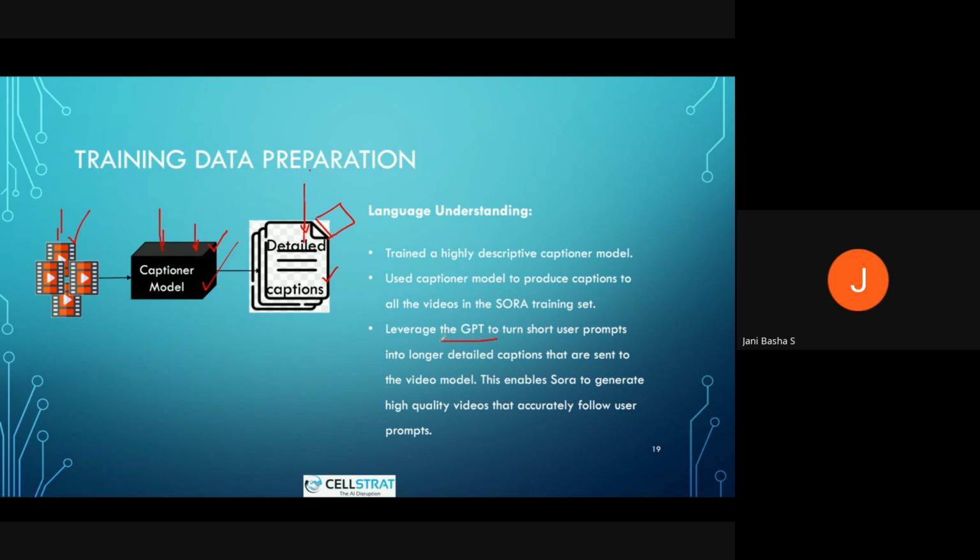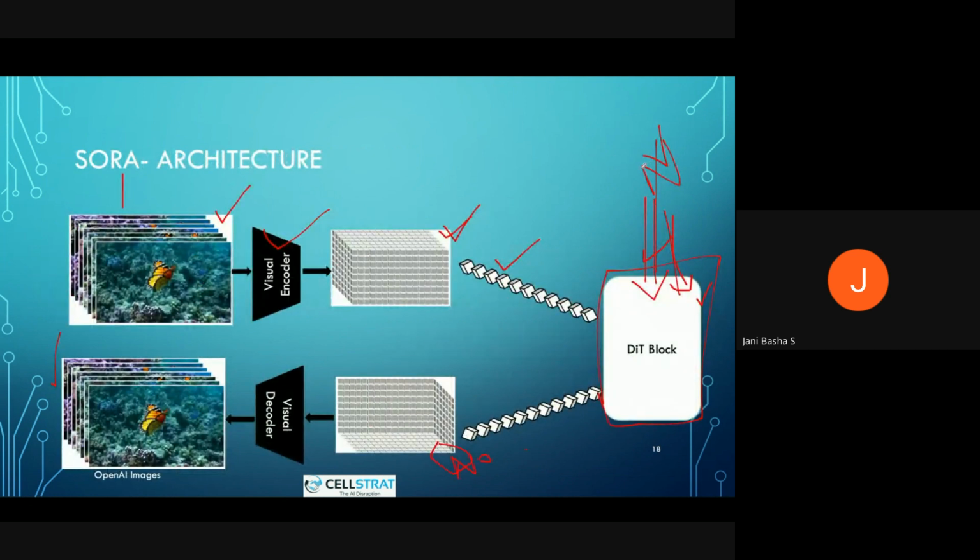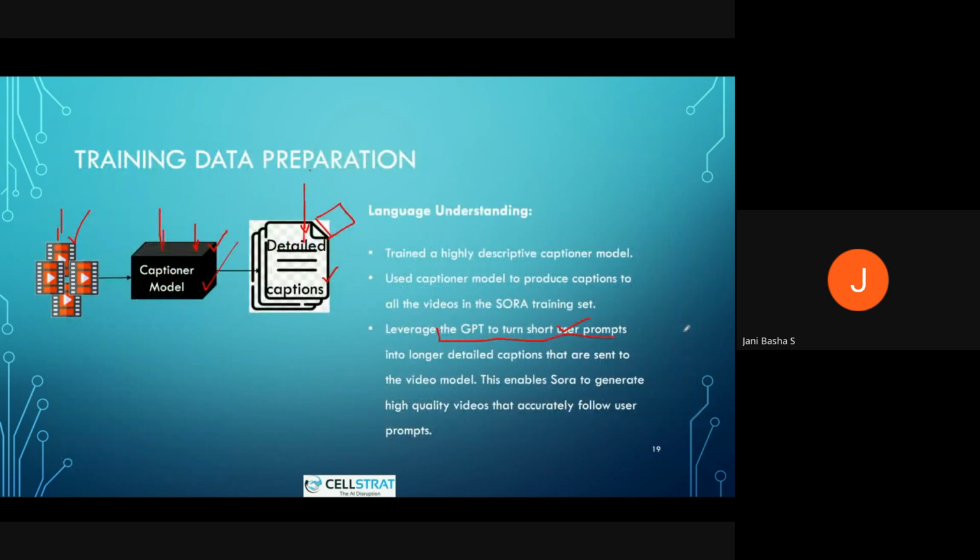So that is what is mentioned. In the backend, GPT is getting used for elaborating our prompts. Once we elaborate those prompts, we pass them to the Sora model during the inference process. And during the training process, they are using their own model for generating detailed captions for the videos.